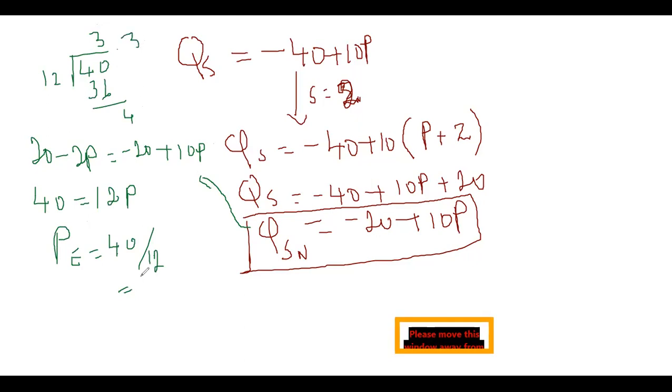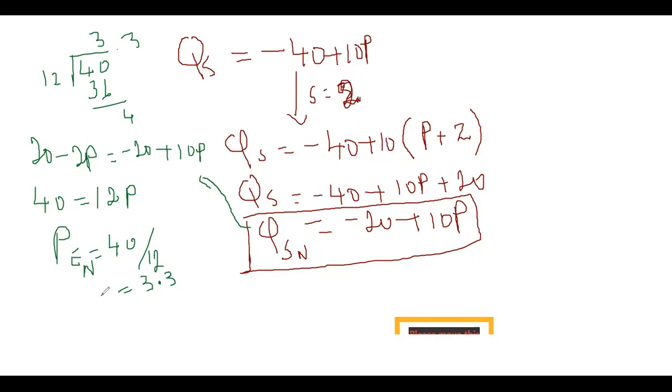So the new equilibrium price is about 3.3. What we did was use the original demand equation, 20 - 2P, and the new supply equation, -20 + 10P, giving 40 = 12P. The equilibrium price is 40 divided by 12, that is 3.33 recurring.